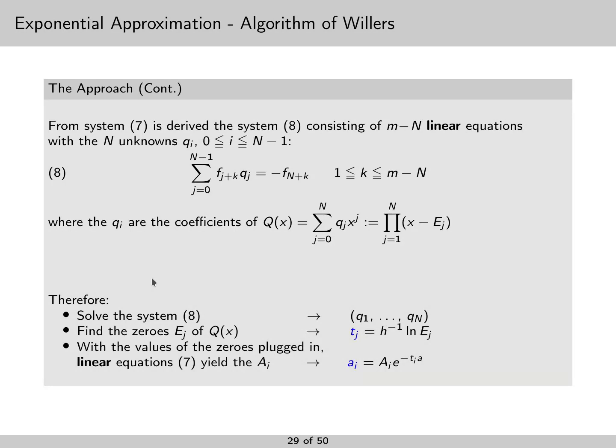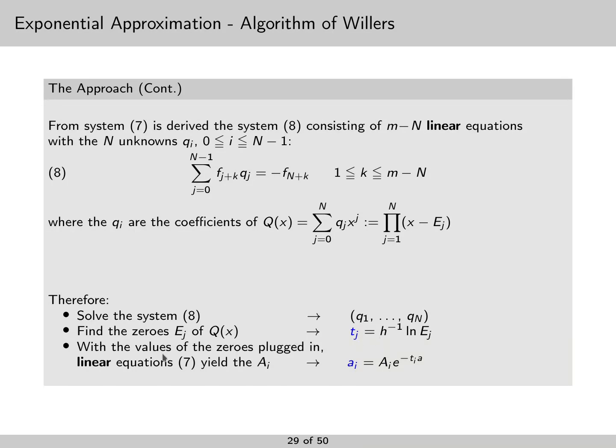So we can hope to solve the original interpolation problem 6 following these steps here. First, solve the system of linear equations 8, which gives us the coefficients q_i of polynomial q. Then find the zeros capital E_j of q. They give us the coefficients t_i due to these equations.